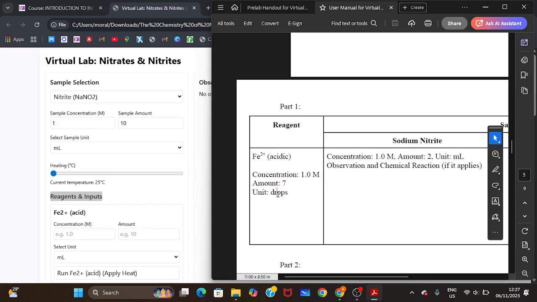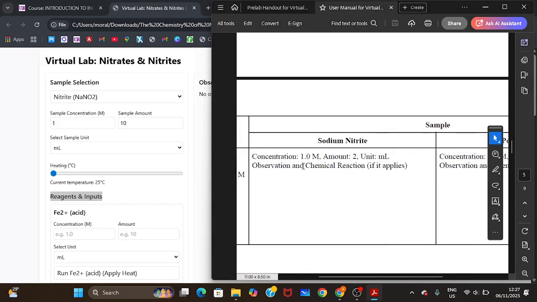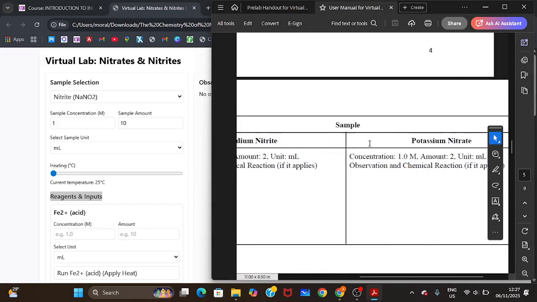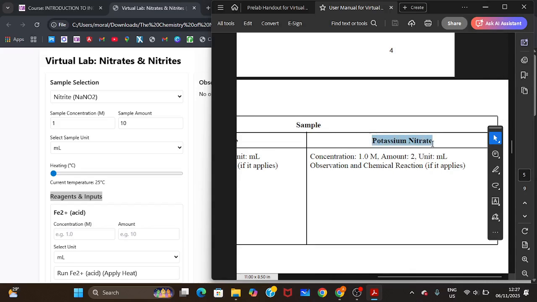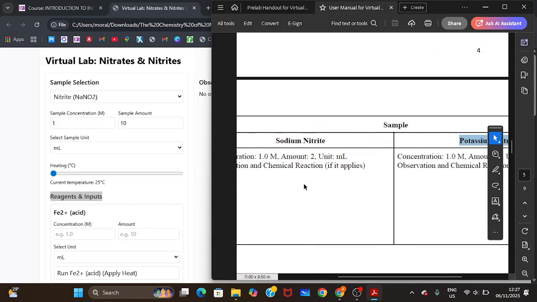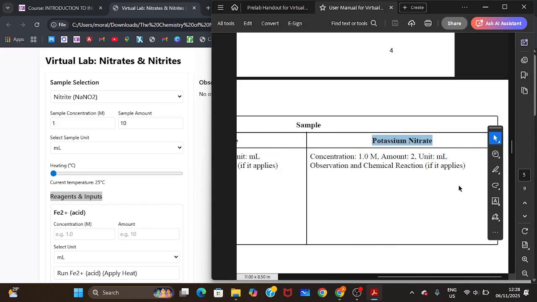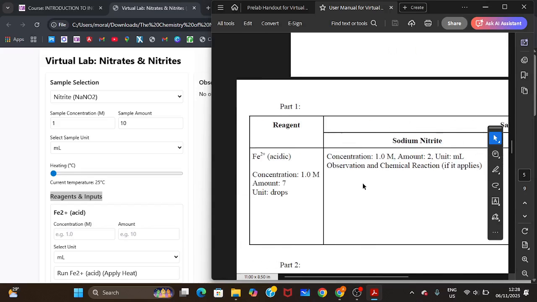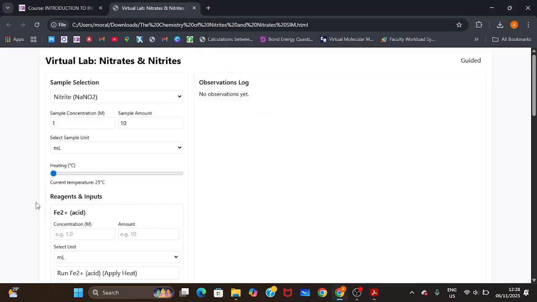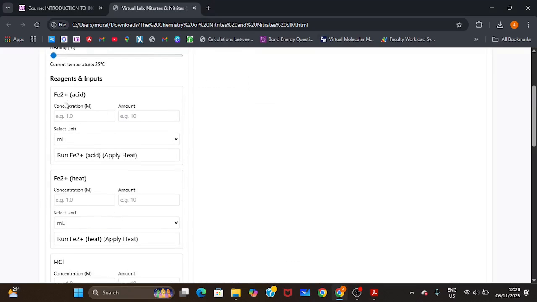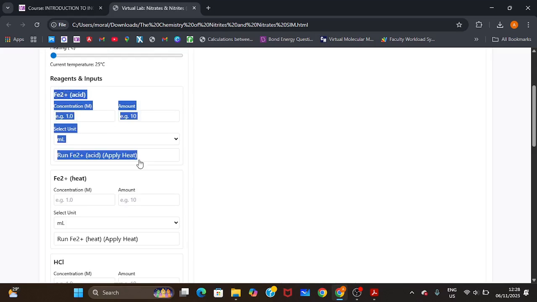You'll run this particular reagent against sodium nitrite and eventually potassium nitrate. The first thing you should do is locate your iron cation ions in an acidic solution, which in the simulation is right here.